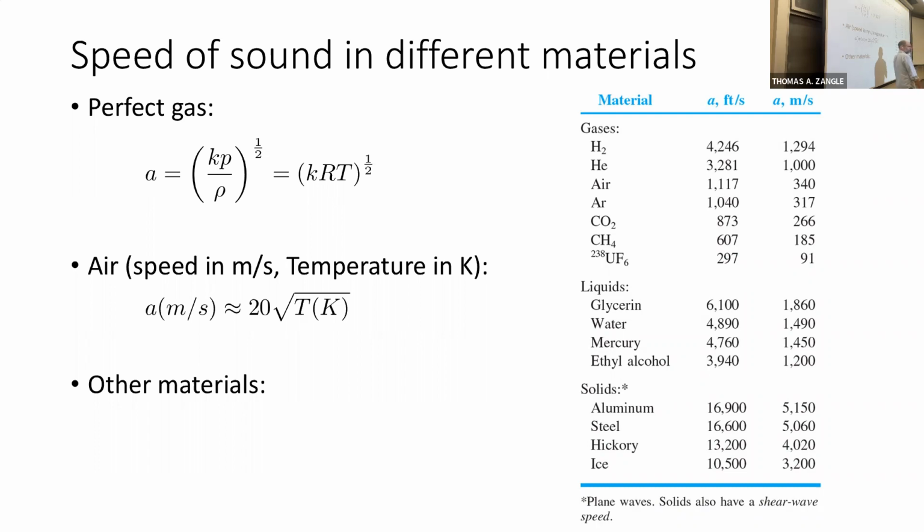Primarily the speed of sound is impacted by the density of the material. In a solid, the molecules don't have very far to go before contacting the next one and transmitting the pressure pulse downstream. So in solids, the speed of sound tends to be much higher. In liquids, it tends to be a little bit higher than in gases as well.